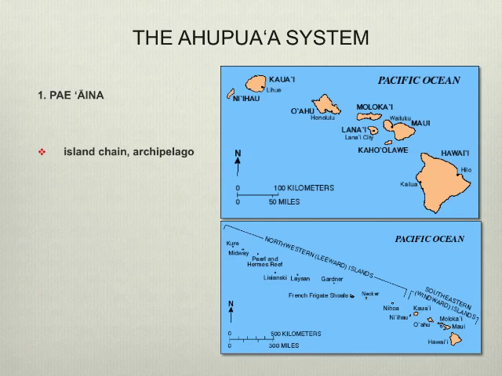So number one, Pai'aina, right? Let's see. We should also have some other terms here. Again, island chain, archipelago, Paimoku, where moku equals island, aina means land, so Pai'aina or Paimoku is the whole island chain. Okay, so you see our 8 major islands here in the first picture on the top.